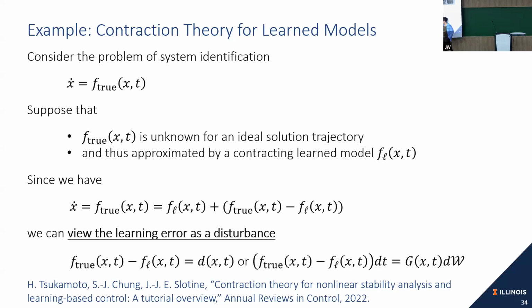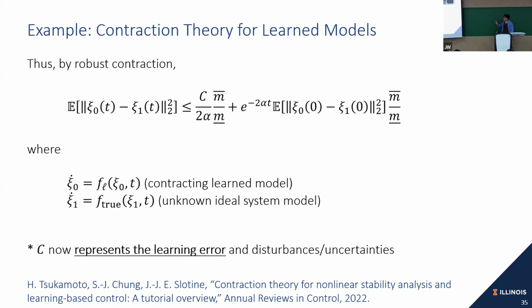If you can enforce the contraction for the first term, you can basically treat the second term as an external disturbance. This is nothing complicated. Under these assumptions, you can conclude the same results, and later I'll try to remove this assumption. But basically now you can quantify the distance between the learned system and the one that you care about.